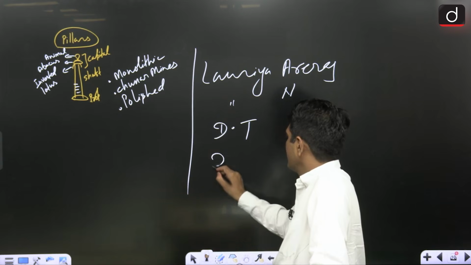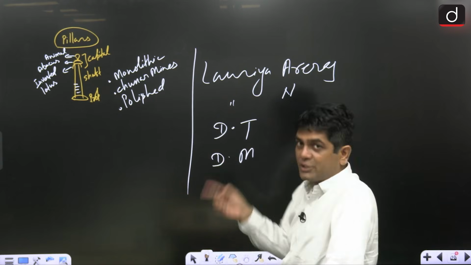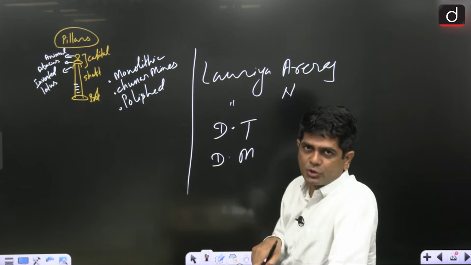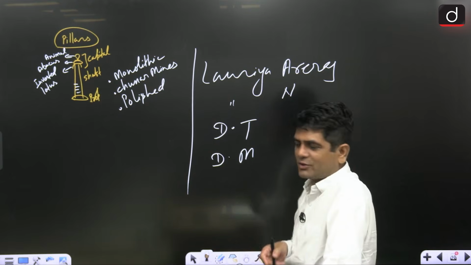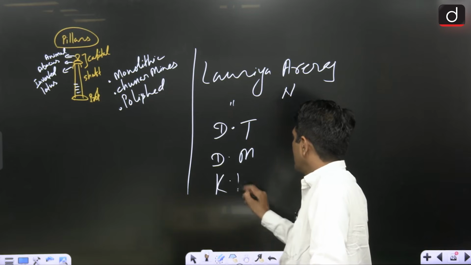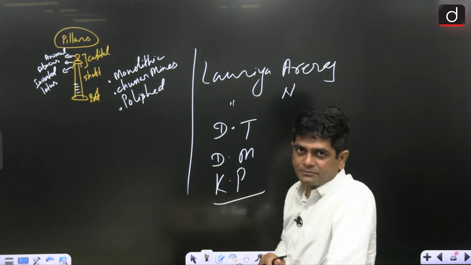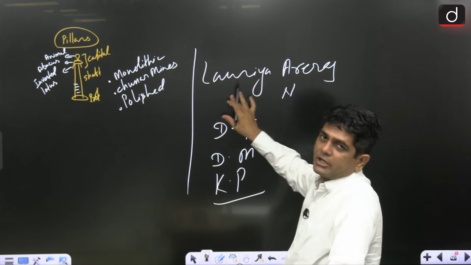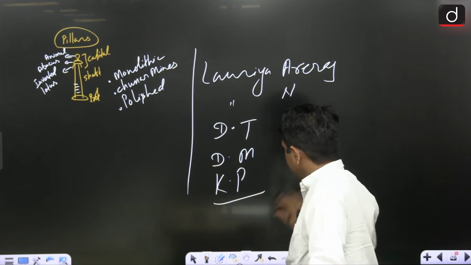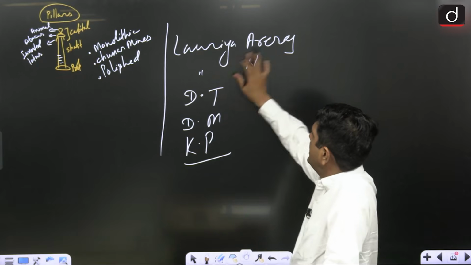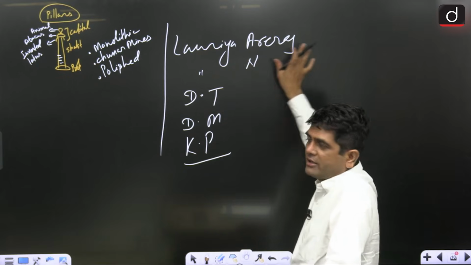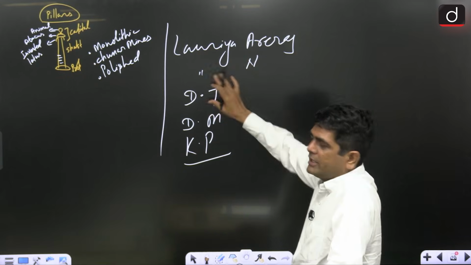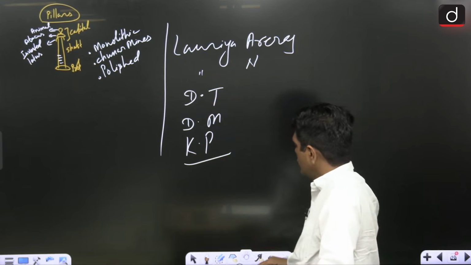Then we have Delhi Meerut. Actually, it was in Meerut, brought to Delhi once again by Firoz Shah Tughlaq. Then we have Kausambi Prayag as well.